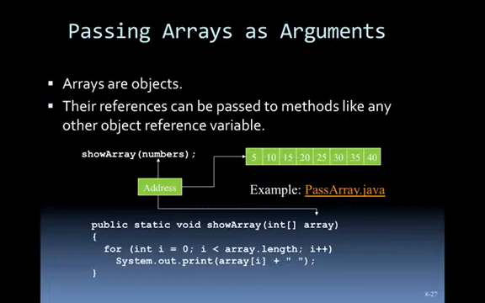Most of the values that we've dealt with in both 111 and in 130 have been passed by value, which means a copy is made. When we're dealing with objects, especially arrays, we end up passing by reference, which means that we're essentially handing around the original copy of the array.